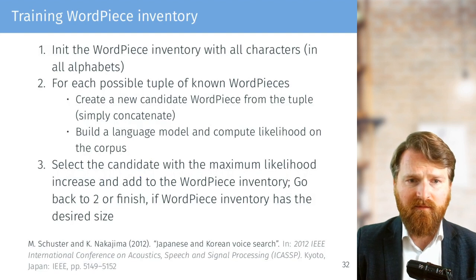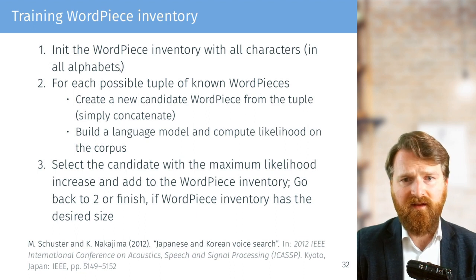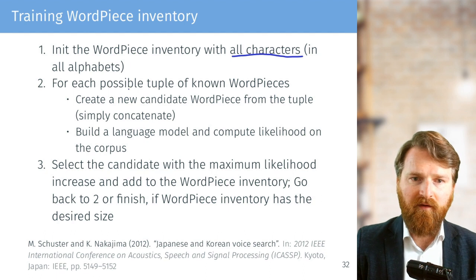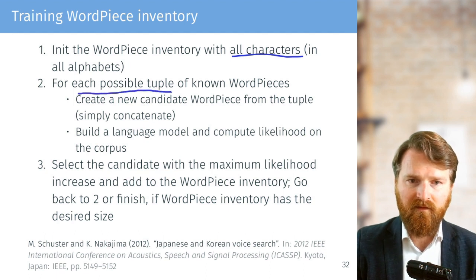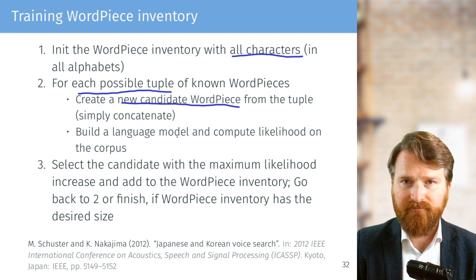So how did Schuster and Nakajima train the word piece inventory? It's an iterative process. First you take all characters in all the alphabets you have. Then for each possible tuple of word piece units in your inventory so far, create a new candidate word piece unit, then build the language model and compute the likelihood on the corpus.